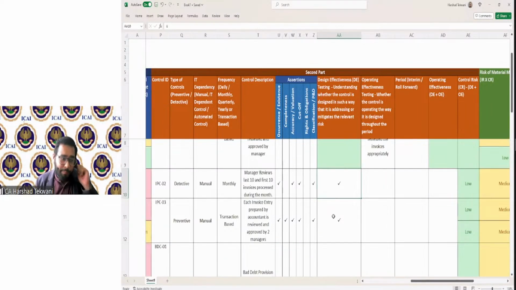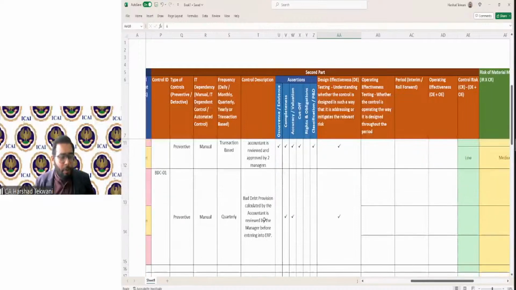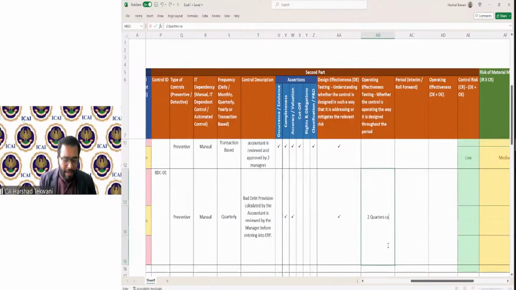Okay. Let's say another thing. There was another control, bad debt provision. The manager was supposed to review quarterly. So what I did is I picked up, out of 4 quarters, 2 quarters' calculations to check whether the manager has reviewed the calculation.